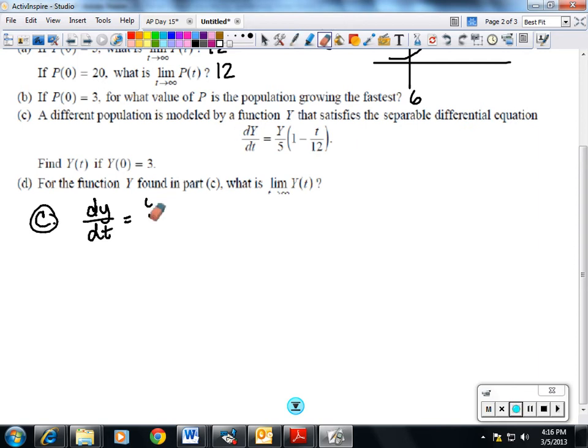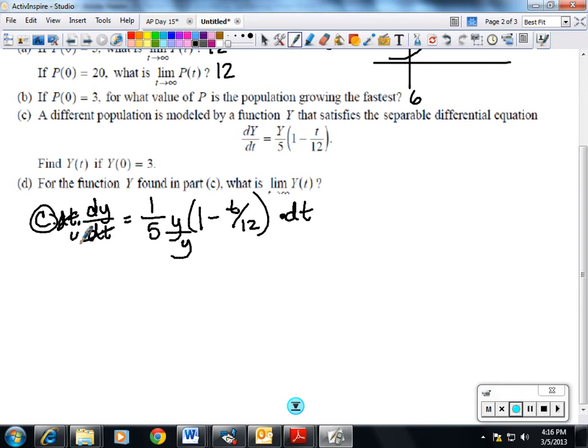I'm going to rewrite this as (1/5)y(1 - t/12). I multiply both sides by dt and divide by y. So I've got dy/y equals, I'm going to distribute my 1/5 to make life easier, (1/5 - t/60) dt.